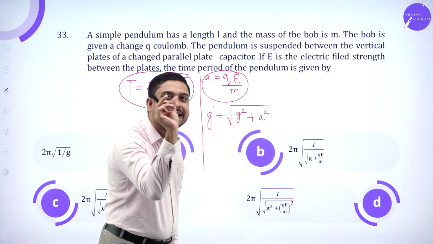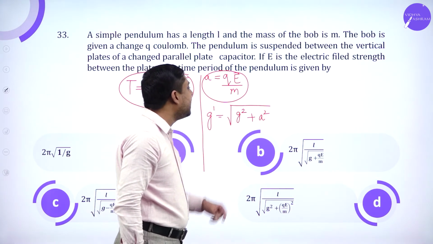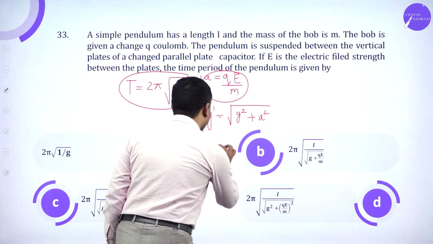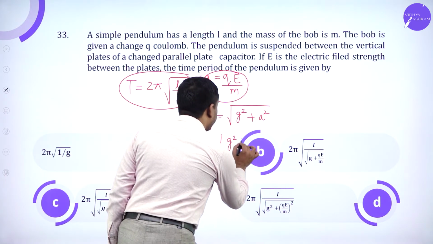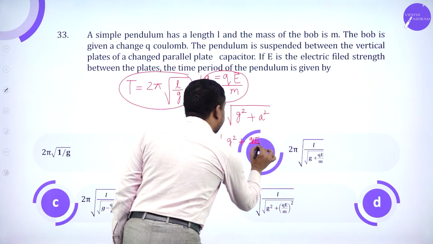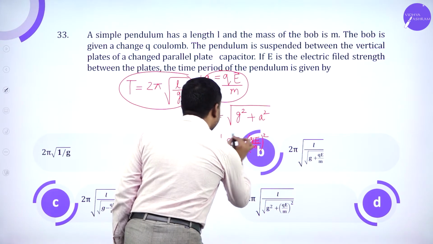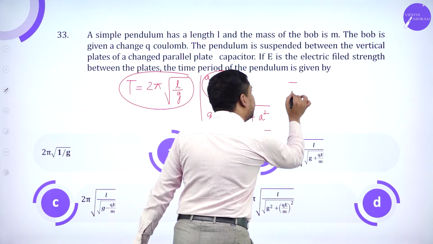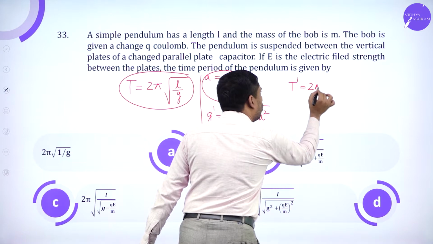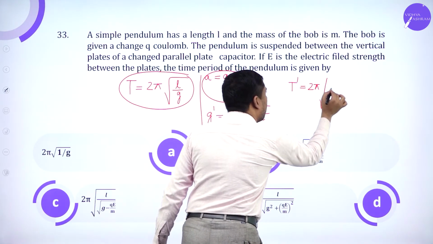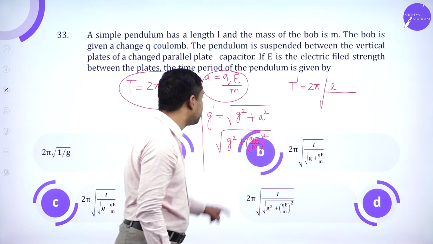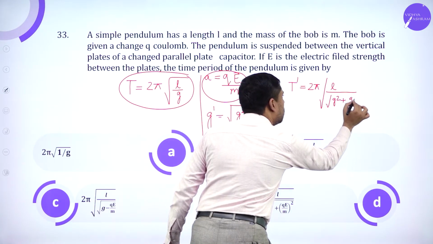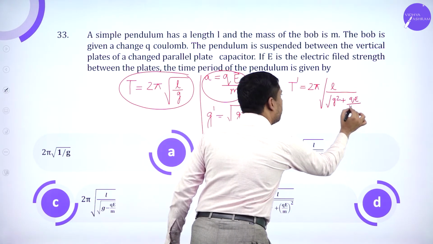After the bob is given that charge, resultant acceleration becomes root G square plus A square, which is G square plus QE by M whole square, which means the new period of oscillation T dash is 2 pi root of L by G dash, which is root G square plus QE by M whole square.